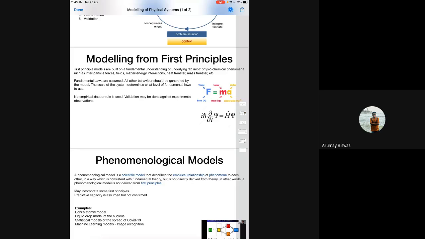So they use fundamental concepts. The fundamental concepts themselves are also models, but they are models for the more fundamental things, and they are things which already have been validated and accepted. So they are assumed to be the truth when you construct your model, and then you use this and you construct some model. For example, if you do a classical molecular dynamics simulation, then you would assume Newton's laws of motion, and that is all.